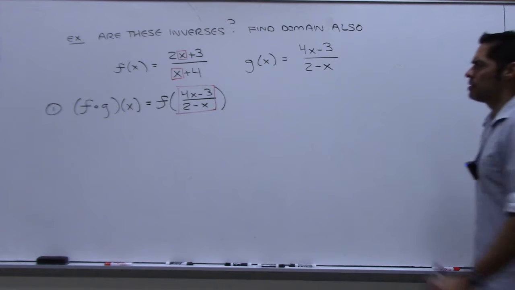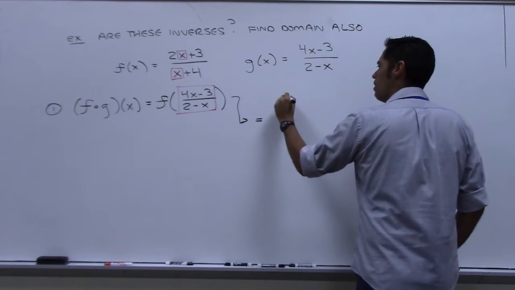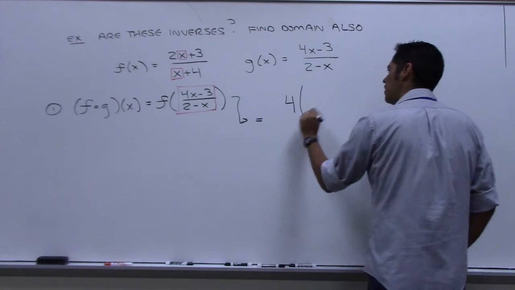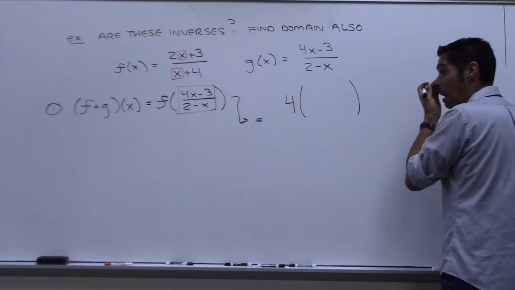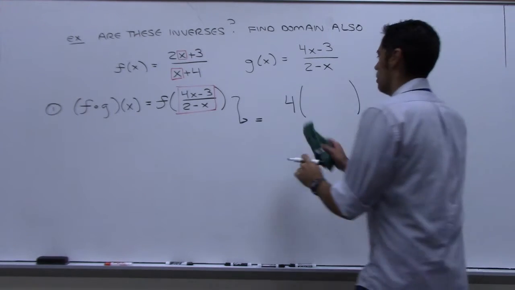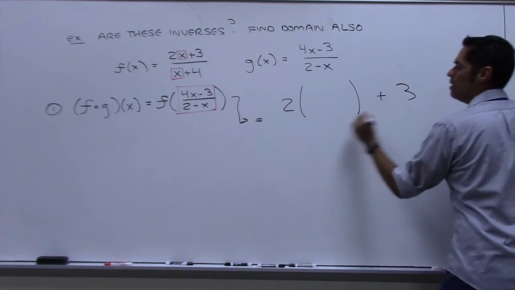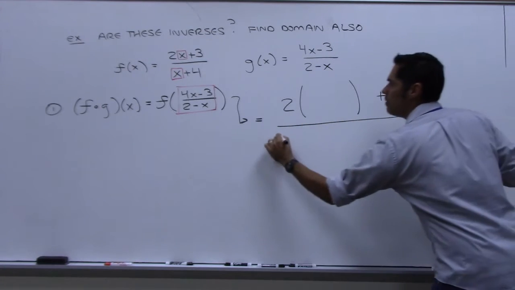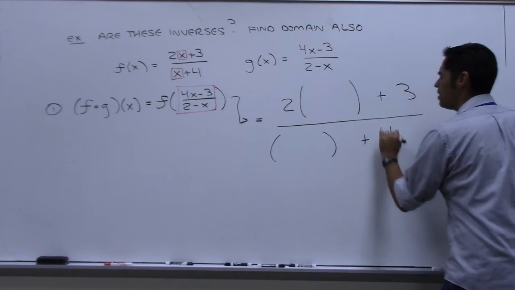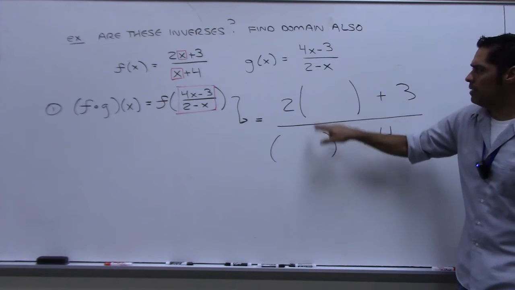Let's see what happens. This is going to become equal to 4, and then in parentheses what? Oh, wait, sorry, not 4, 2. 2 in parentheses something plus 3 over something in parentheses plus 4. Do y'all see how I'm setting this up? This is the f function. But into it, I'm plugging in the g instead of x.